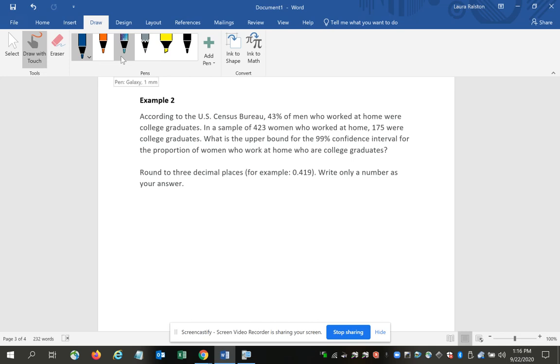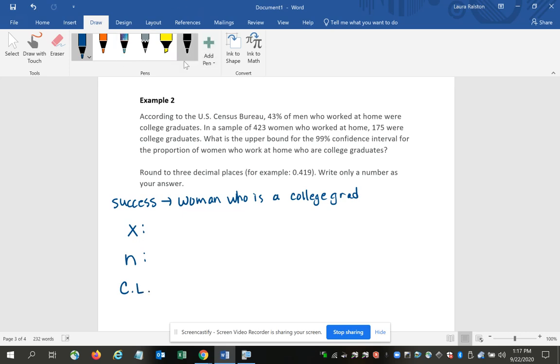Okay, so again, as we're thinking about what would be a success here, a success would be a woman who is a college grad. Okay, because that's what I'm looking for or interested in. So X, again, represents your number of successes. N is your sample size, and CL is your confidence level. So be extra careful. Really, this first sentence here is just extra information, guys, and you can ignore it.